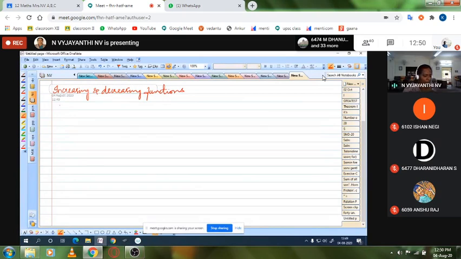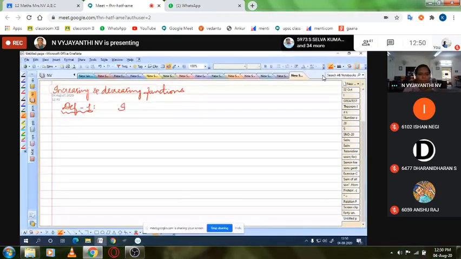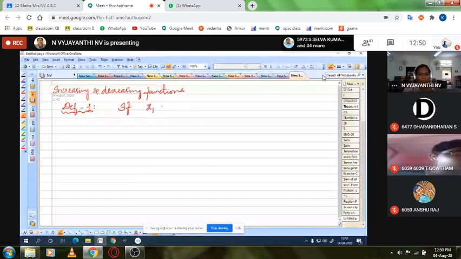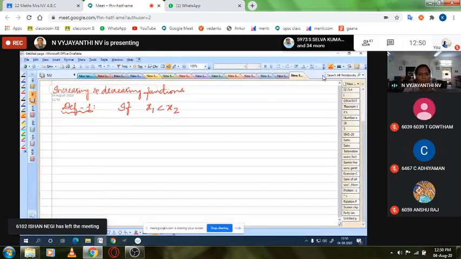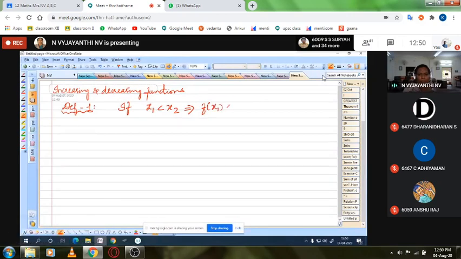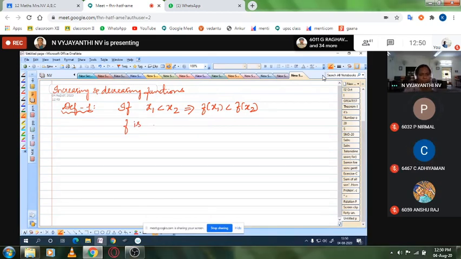We have two definitions, isn't it? What do you say about the first definition? If x1 is less than x2, and if it gives f of x1 is less than f of x2, then what? Is f a decreasing function or an increasing function?